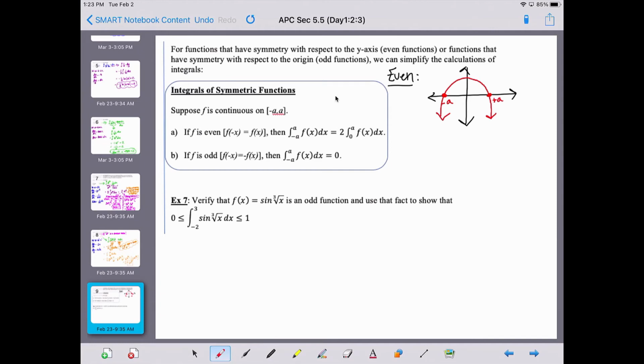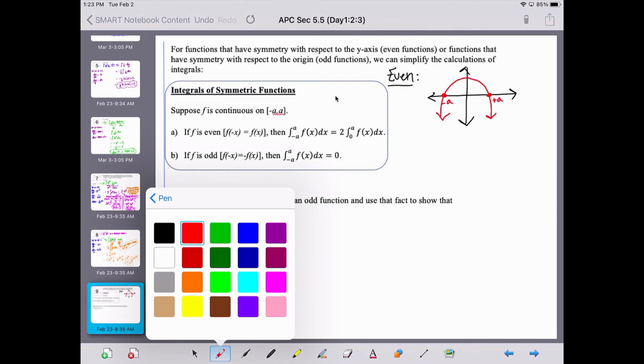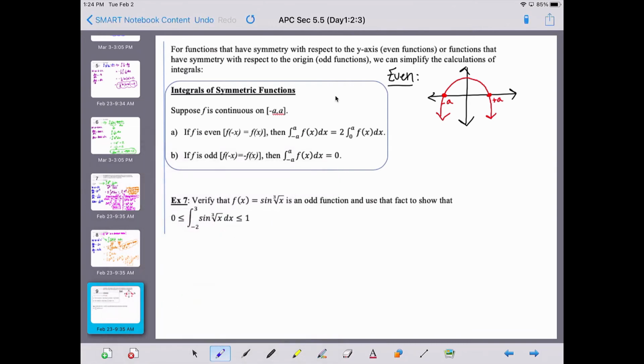And if we were just integrating this function from negative a to a, then we would be looking at the area under the curve here and here, right? Well, hopefully you can see that the integral from negative a to a of f of x dx is just going to be 2 times the integral from 0 to a of f of x dx. Because here we have a positive area, and here we have a positive area, and those two areas are the same, so basically we just get double one of them, and that's our answer.